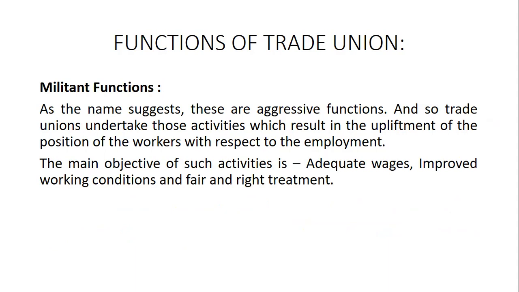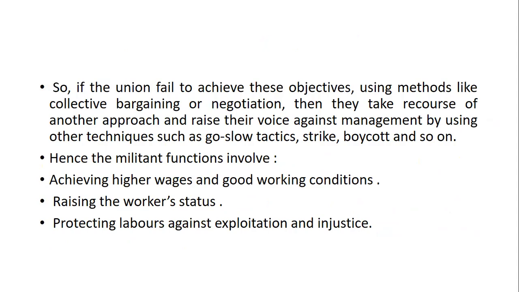What are the different functions of trade union? Militant function. These are very aggressive. The main objective of militant function is improved working conditions and fair and right treatment of employees.